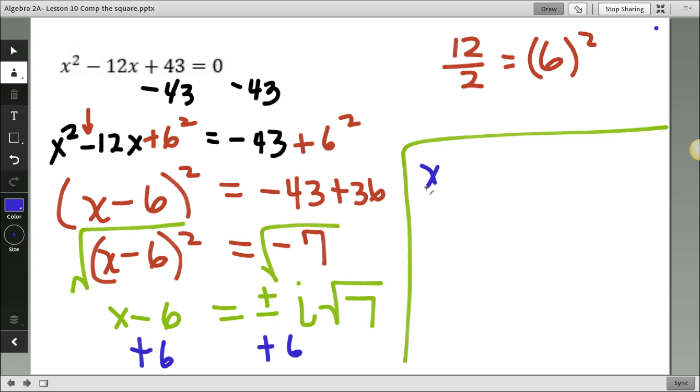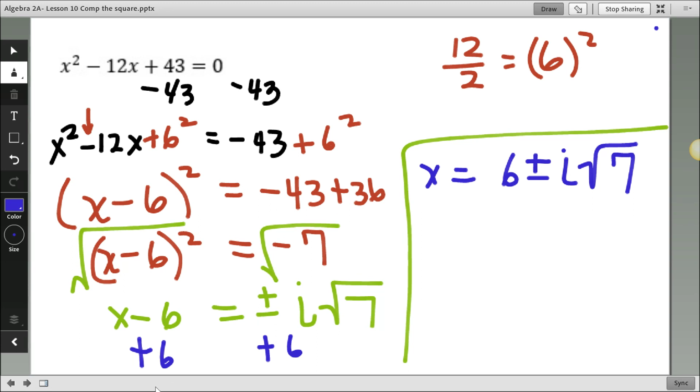And so that's going to give me x equals 6 plus or minus i times the square root of 7. Done deal.